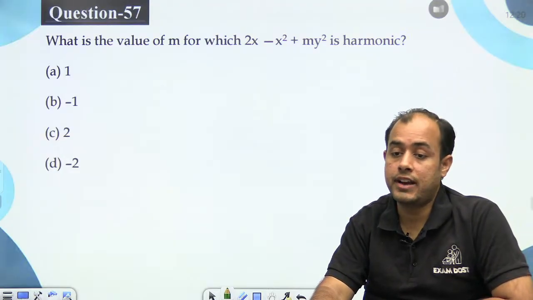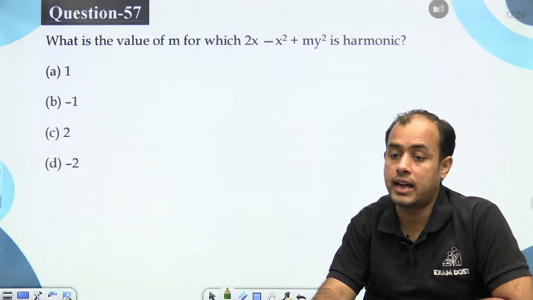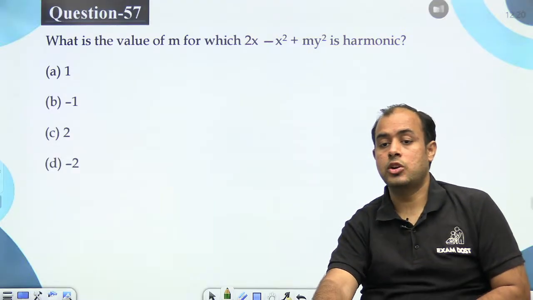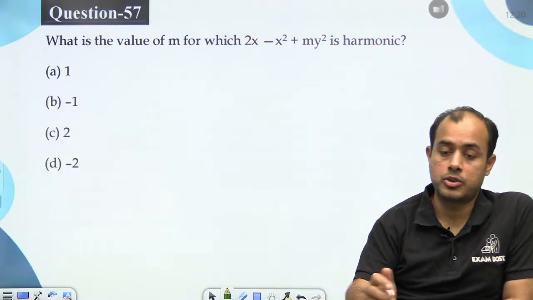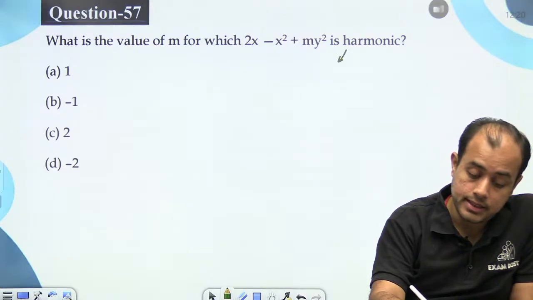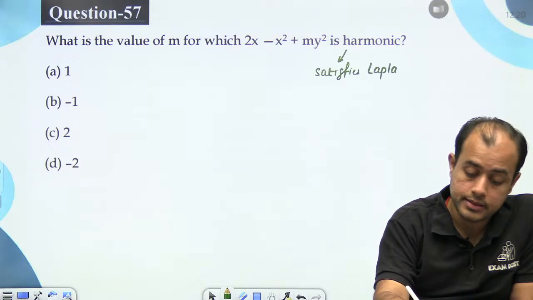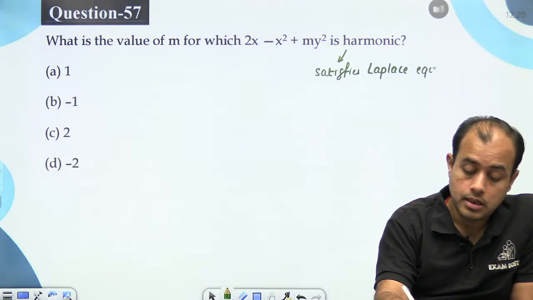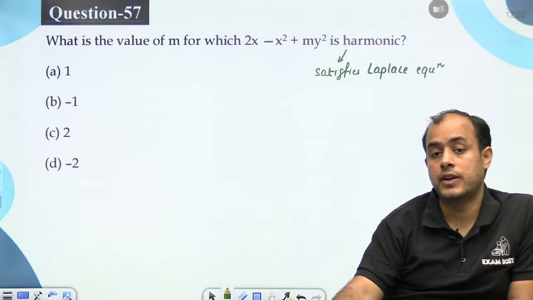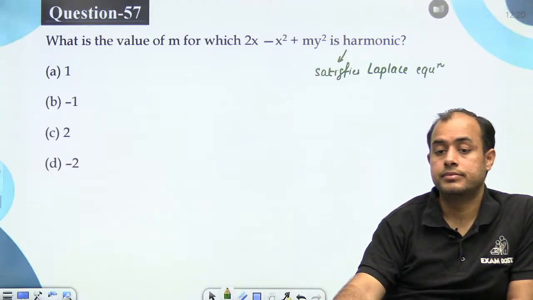Find the value of m for which this function is harmonic. Harmonic means it must satisfy the Laplace equation. Now try this.